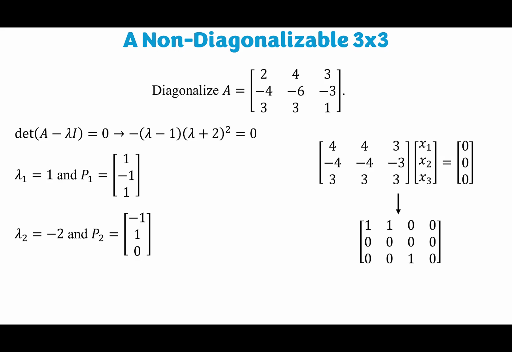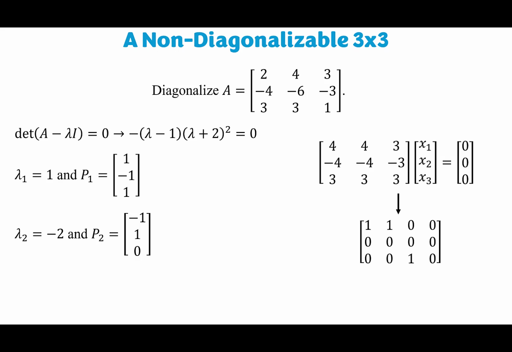Notice in our equation A minus lambda I, x equaling 0, row 2 is just a scalar multiple of row 1. It's scaled by negative 1. So when you do a row operation, you'll just get all zeros for the second row. And then the first two entries in the bottom row will turn into zeros, and the 3 will turn into a 1. And so you get that reduced echelon form.